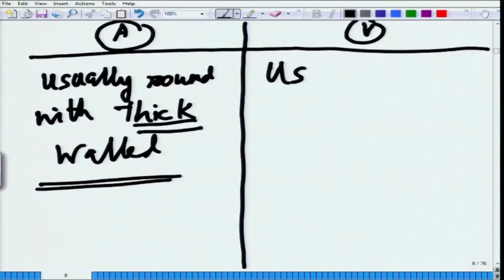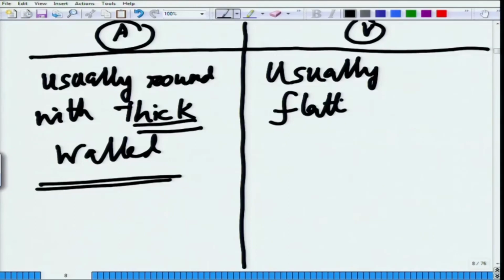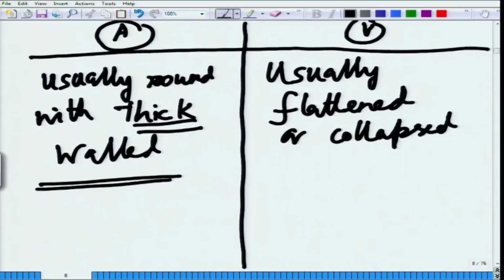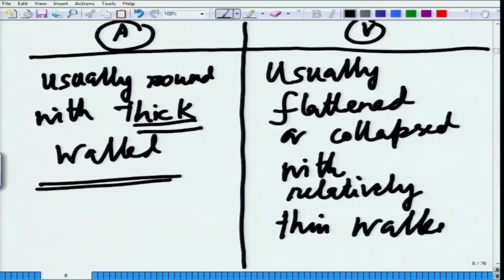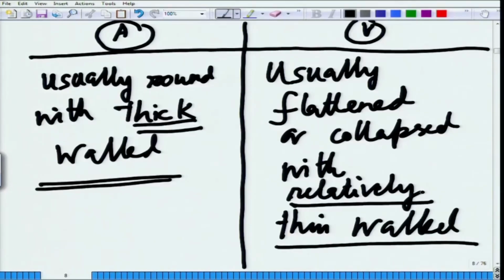Whereas in the case of veins, it is usually flattened or collapsed with relatively thin walls. This is very important: relatively thin walled, and it is a much more collapsed structure.